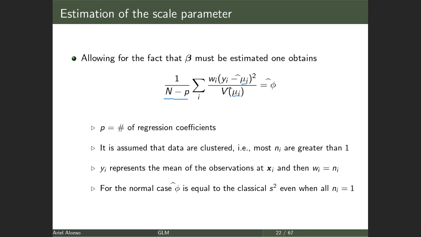And then you get a real estimator for psi. And that is the typical estimator that we use for psi. It's just a method of moments in which you estimate the betas, and that's it. And if you're dealing with the normal case, then you can show very easily that this estimator is actually just the classical S-square estimator that we get when we have the normal distribution.